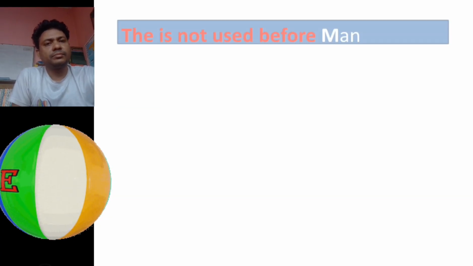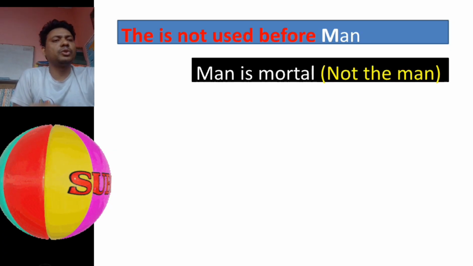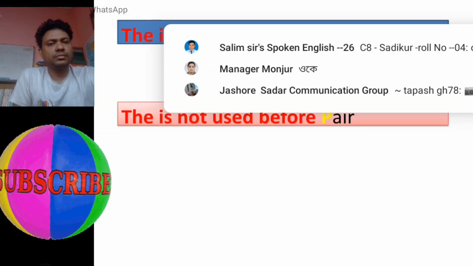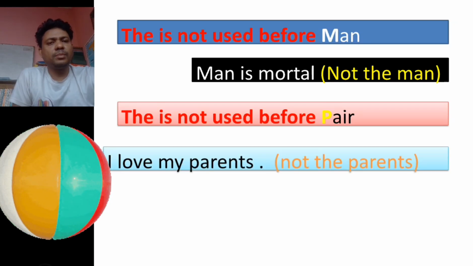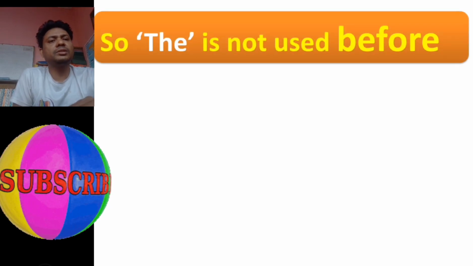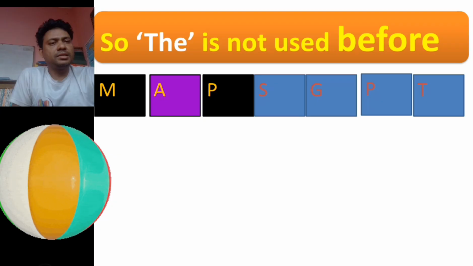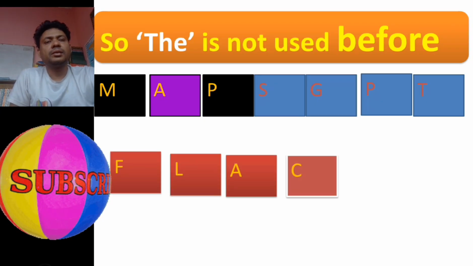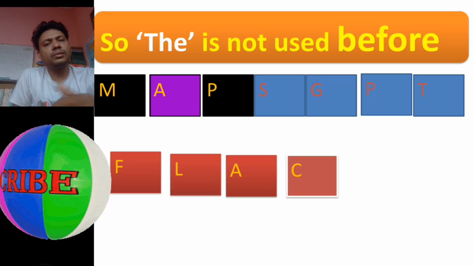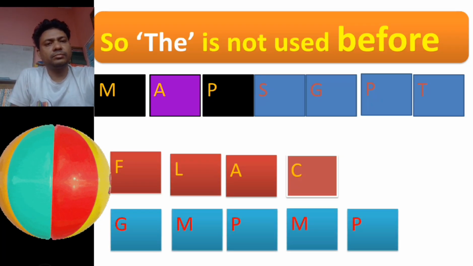Okay, dear learner. This is not used before man. Man is moral, not the man. The is not used before here. I love my parents, not the parents. Okay. So the is not used before MAP, and FLAC. খুব সংক্ষিপ্তভাবে মনে রাখার উপায় GMP, MP. Okay.